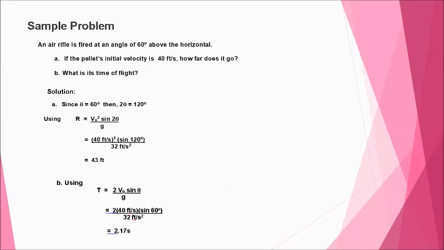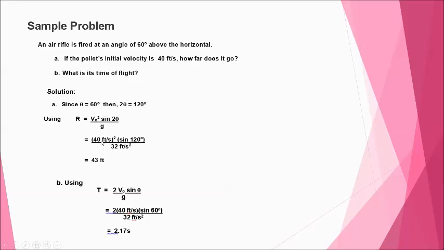Earlier, some of you were commenting, ma'am, the second squared cancels out. Yes, here. When you square this, it becomes 40 times 40, and then feet squared per second squared. So the second squared and second squared here would cancel out.